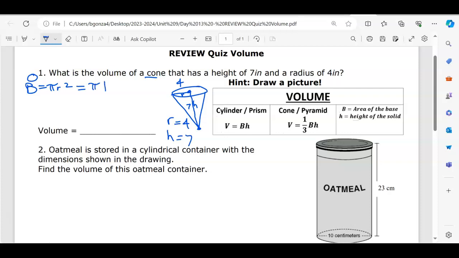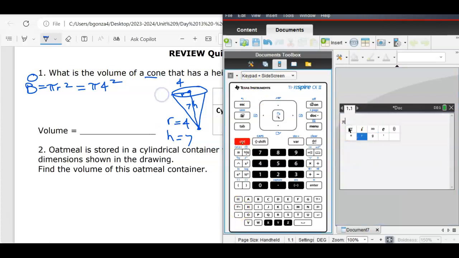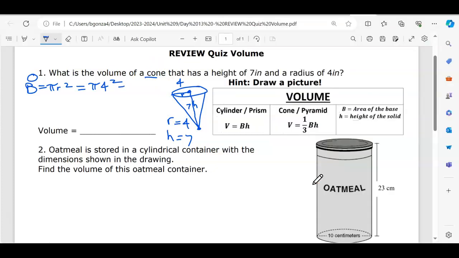So pi 4 squared is 50.265, 50.27. We already know the height is 7. So remember, for a cone, cones are 1/3 BH.